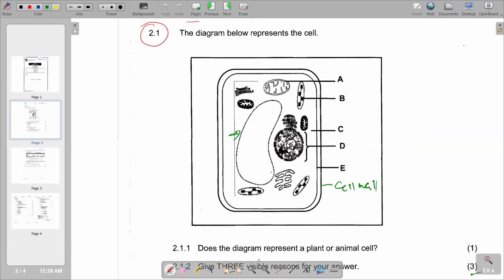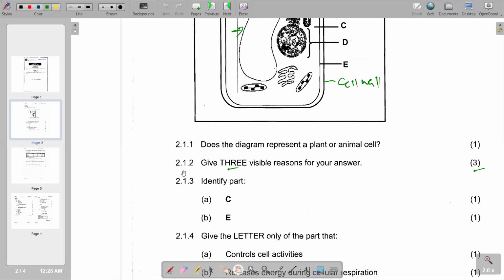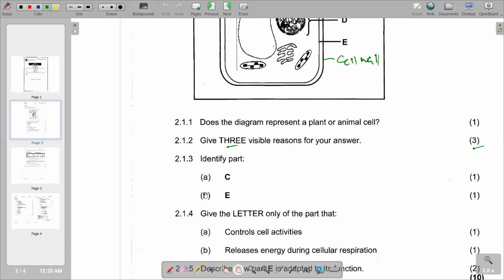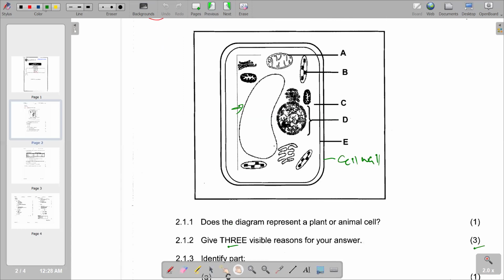So we go to the next part of our question, which is now 2.1.3, which says identify part C and then E. So you will see that this is our part C. And we see that our part C is the cytoplasm. So we can just write here cytoplasm.